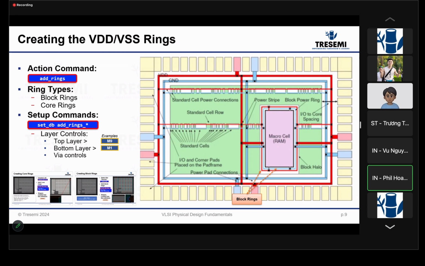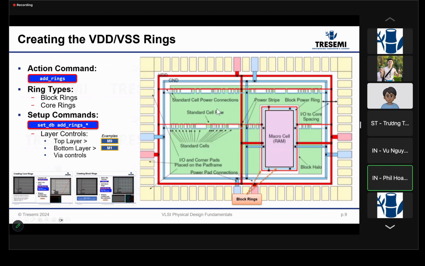But how about the size of VDD and VSS? Oh, another excellent question. There is a trade-off. Based on the power analysis, you determine the width. Of course, if you want lower resistance, you want thicker, wider wires. But if you make the wire too wide, you take away routing resources.